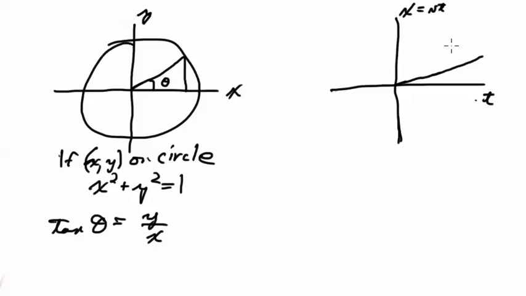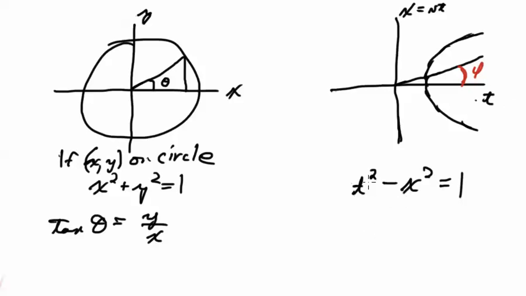But say we've got a hyperbola over here, described by t squared minus x squared equals 1. And we label this angle phi.